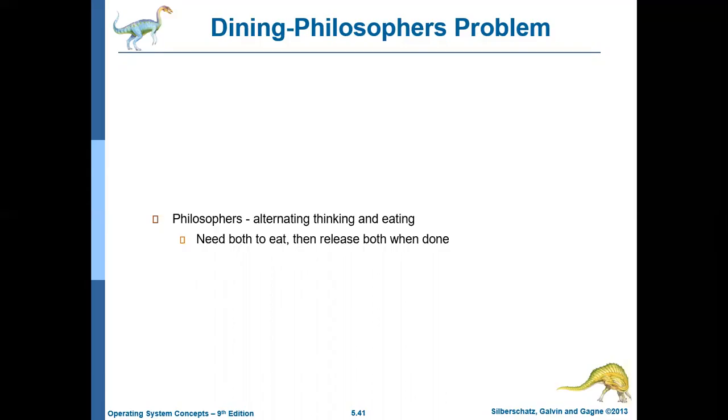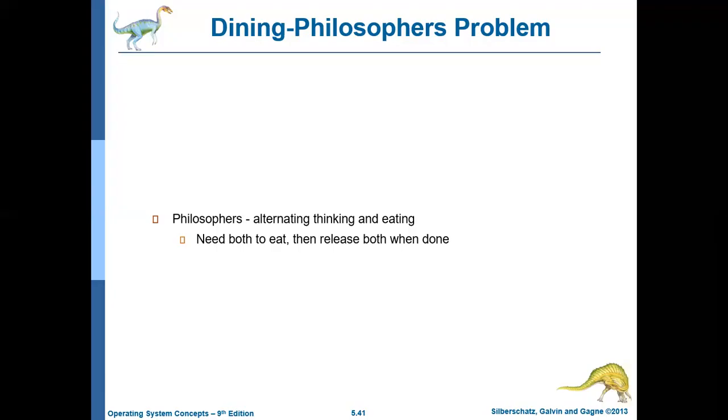Okay. And there will be five chopsticks placed between the philosophers. There will be one chopstick placed between two philosophers, so in total there will be five chopsticks, right?